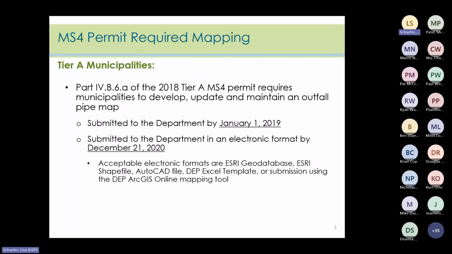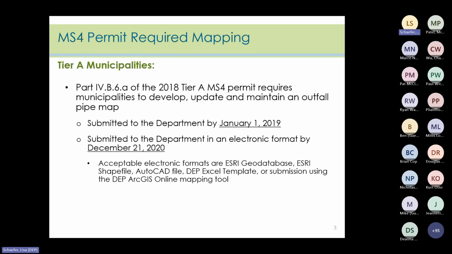So the previous Tier A permit iteration from 2018 required municipalities to develop and maintain an outfall pipe map. And those outfall pipe maps were initially due to the department on January 1st of 2019 in any format. The TRA municipalities were also required to submit an electronic form of their outfall pipe map to the department by December 21 of the year 2020.